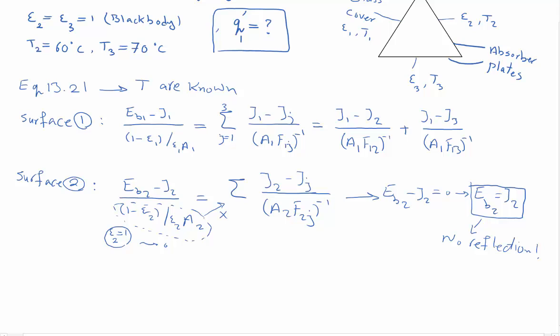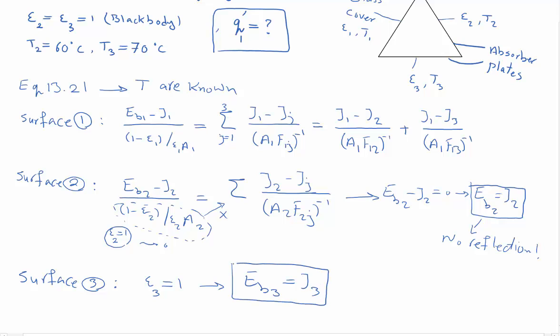If I write the same equation 13.21 for surface 3, it's going to give me exactly the same result. Since the emissivity of surface 3 is 1, the radiosity and black body emission of that surface are going to be the same.